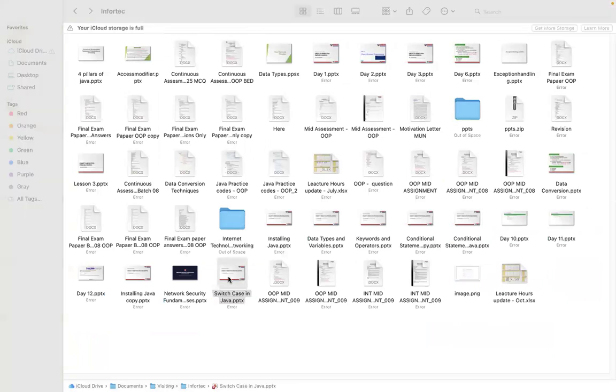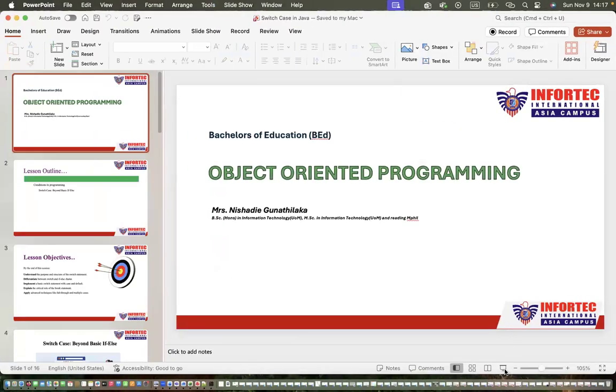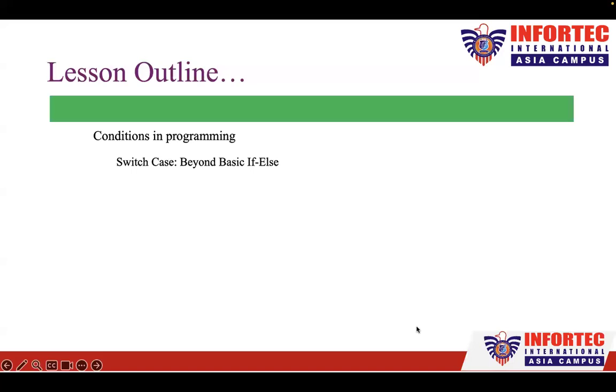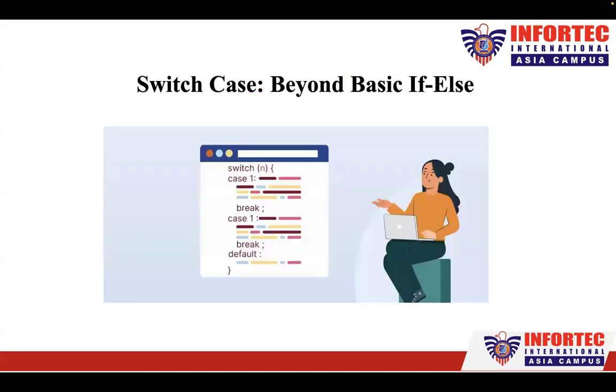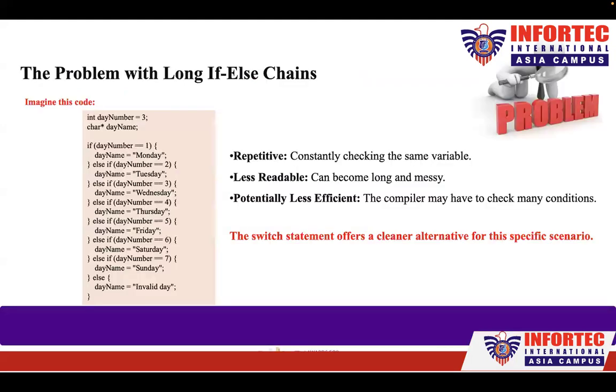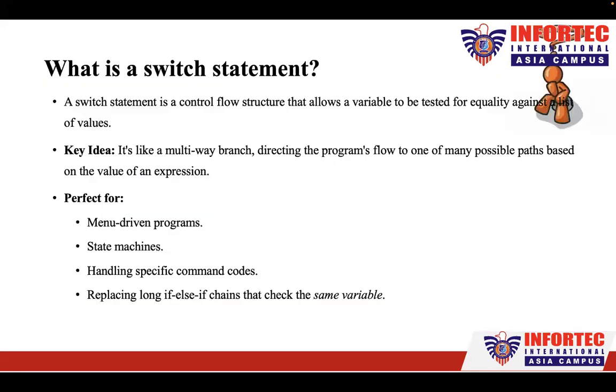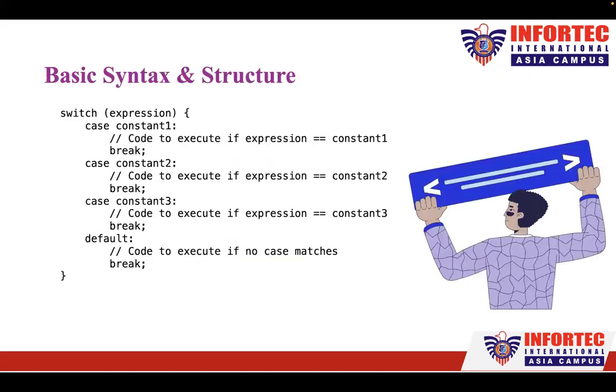It is the switch case statement, right? So the switch case statement is very important wherever we need to handle multiple conditions, especially more than 3 conditions. We use the switch case statement. So here, this is how we develop it.